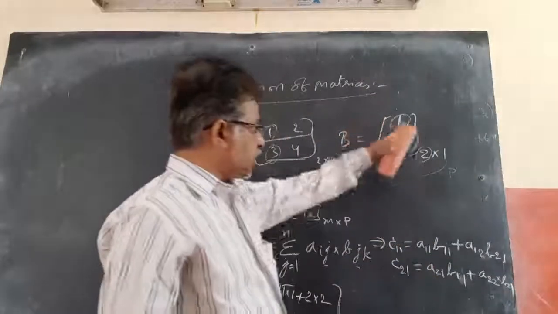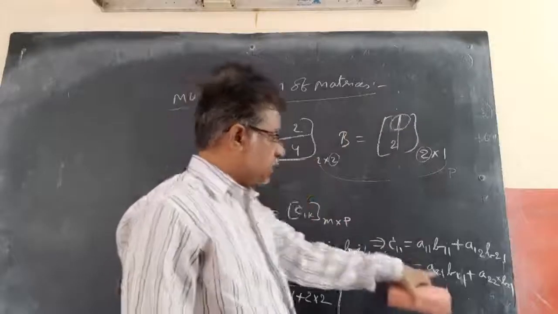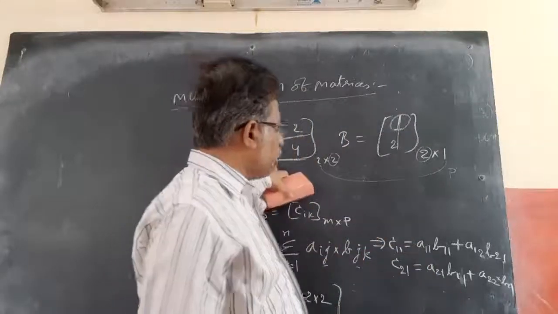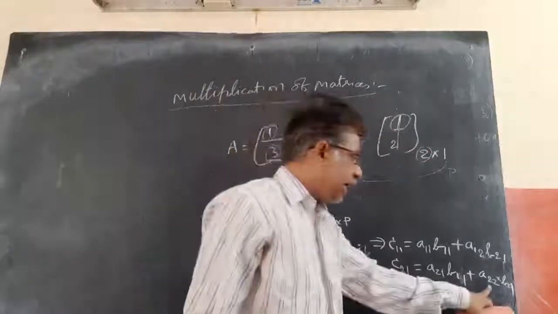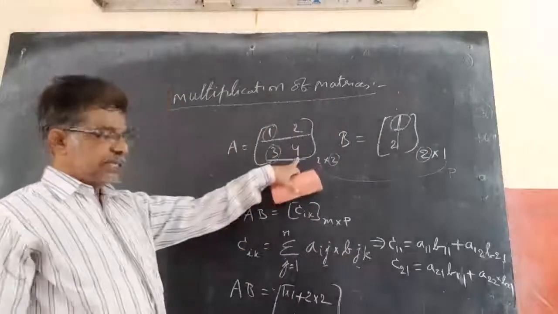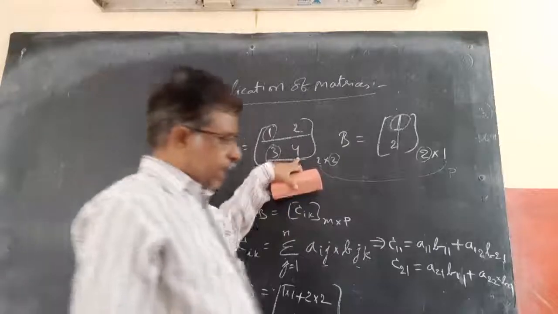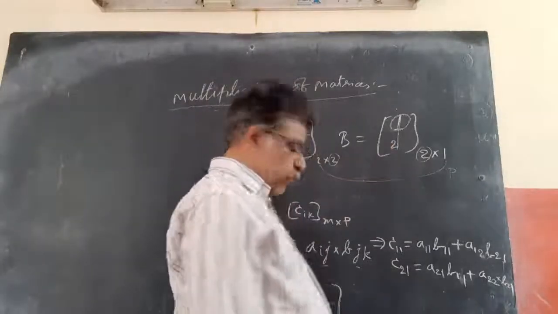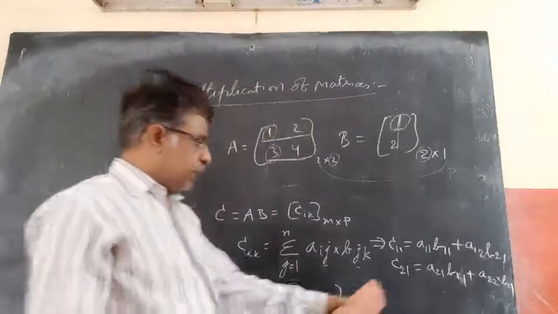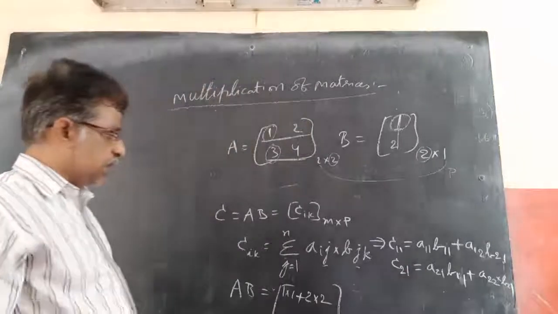There is no second column. So 3 into 1, that's what I want. Next a22, what is a22 here? 4 into b21, so 4 into 2. Like that you will get matrix multiplication using this.